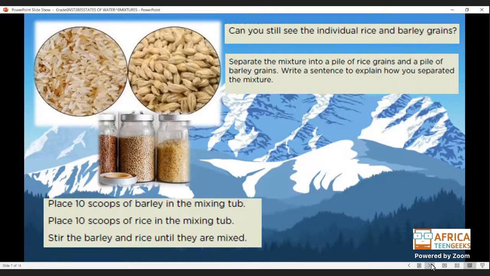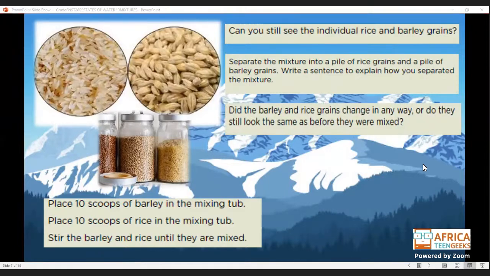So you're going to have to sit there quite a long time and sort them out. When you mix them together, did the barley and the rice grains change, or do they still look the same as before they were mixed? You're absolutely right. They don't change. They look exactly the same.